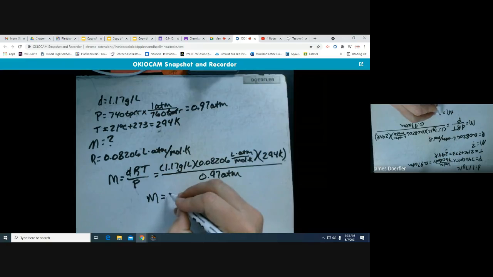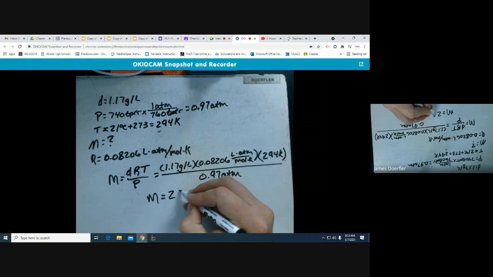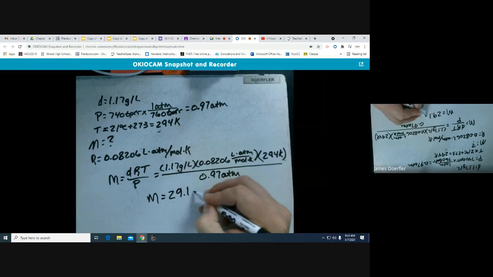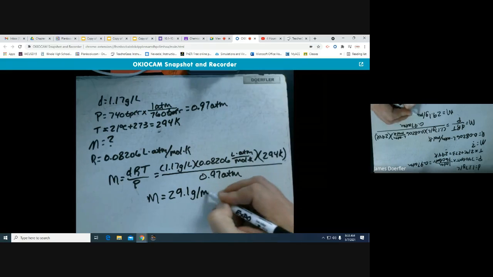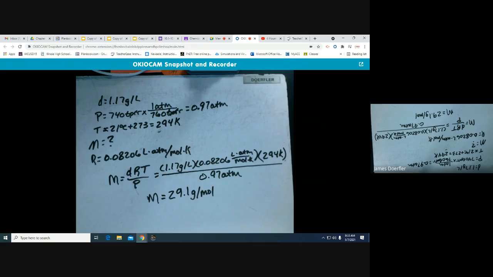We should get a molar mass of 29.1 grams per mole. I like it when we double check and triple check.